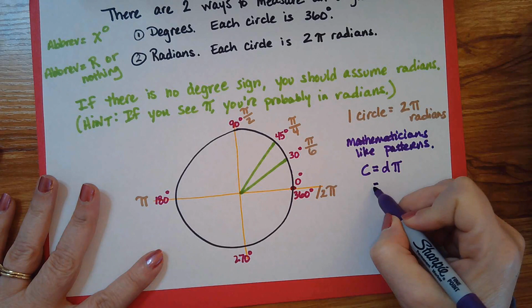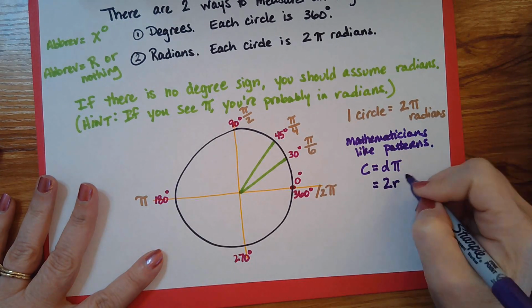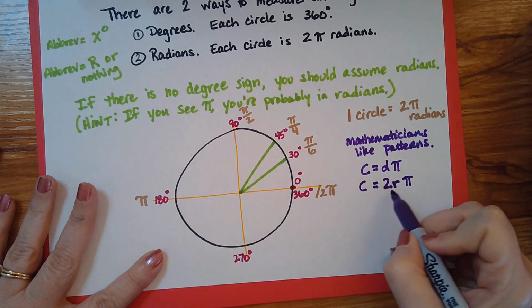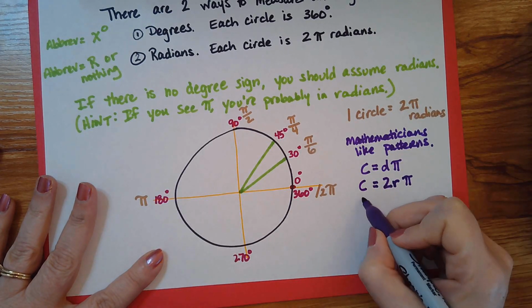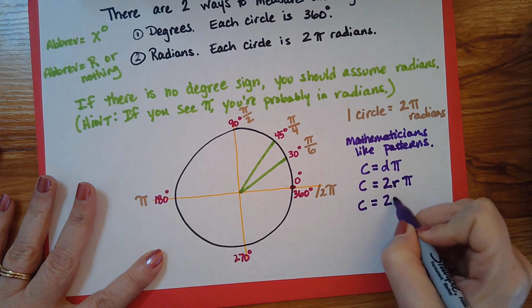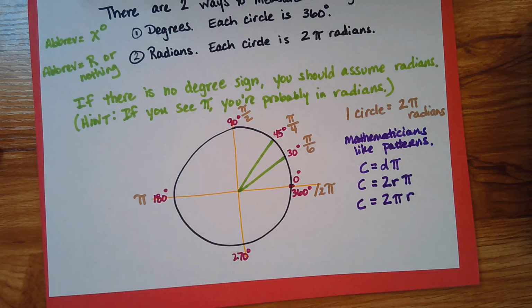Well, that would be 2 radiuses. So I could write C equals 2r pi. And usually this is the way people say it: the circumference is 2 pi r. 2 pi r is the formula for your circumference.